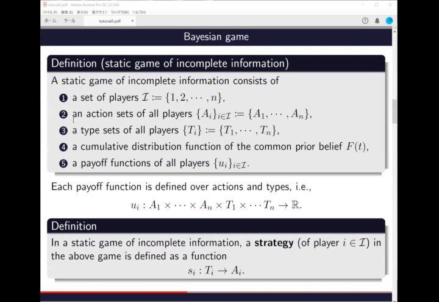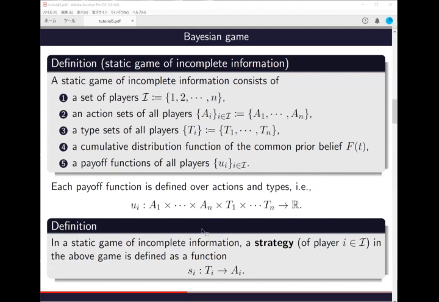A Bayesian game consists of a set of players, a set of actions, a set of types chosen by nature, the probability distribution of all types, and the payoff functions of all players.